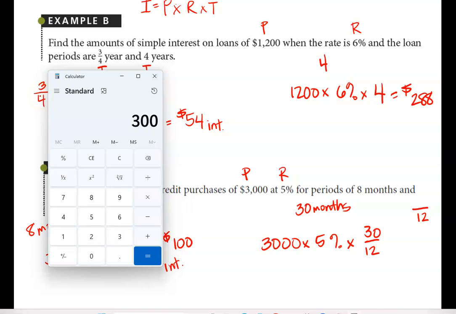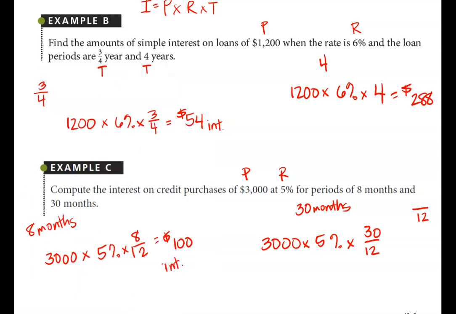So that's 3,000 times 5% and then times 30 divided by 12, which gives me an interest amount of $375. And so here again, we can see that the longer the length of the loan, the more interest you'll have to pay.